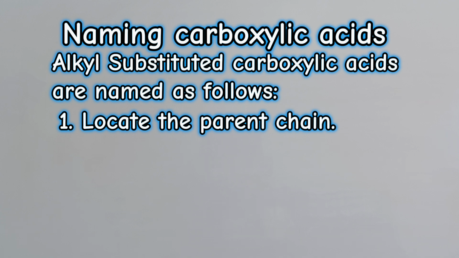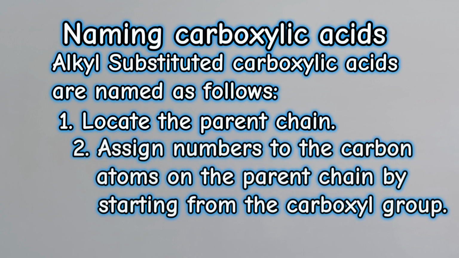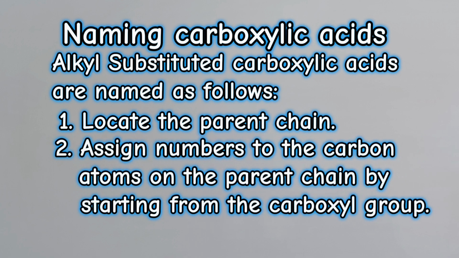We shall practice this severally, like we have done in the previous parts of nomenclature. Second guideline states that we must assign numbers to the parent chain obtained in the previous step by strictly starting from the carboxylic group. Why? It is because our carboxylic group is the functional group of the compound.